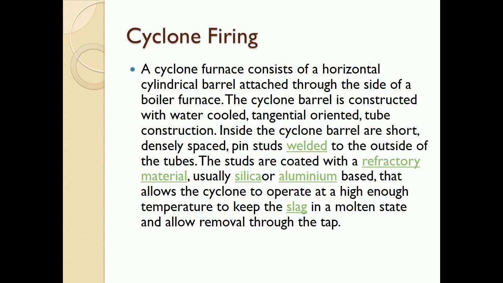Inside the cyclone barrel are short, densely spaced pin studs welded to the outside of the tubes. The studs are coated with a refractory material, usually silica or aluminium-based, that allows the cyclone to operate at a high enough temperature to keep the slag in a molten state and allow removal through the tap.